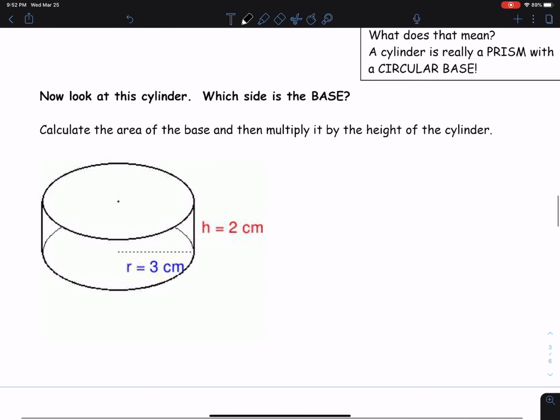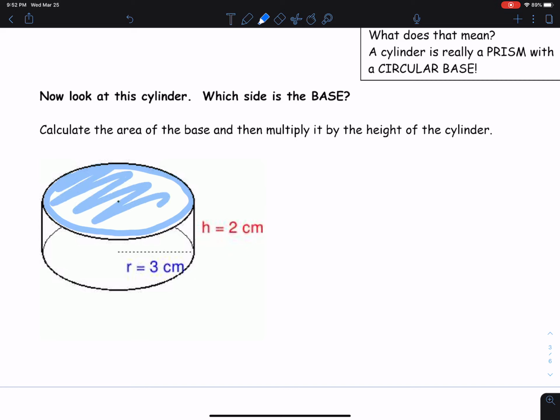So we're going to look at this cylinder, and we are going to calculate the area of the base and multiply by the height. So the base here, could it be this part that's going around? No, it has to be the circle. So I'm going to circle this. So that would be the base. So the area of the base is pi r squared.